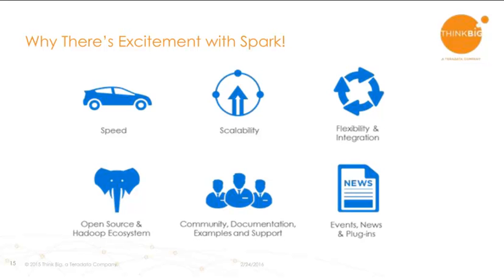So again, some of the excitement around Spark has already been covered by Anand in his slides. Of course, we talked a little bit about the speed element of Spark, and here really the tool and the framework around Spark, both on the SQL, MLlib, and then the streaming as well, has gone through a series of benchmarks, and the performance that you get out of the tool is really interesting, and from a scalability perspective as well.